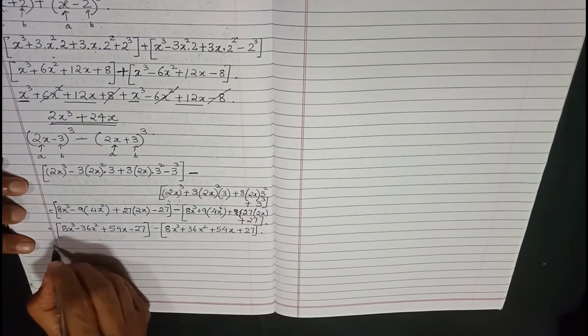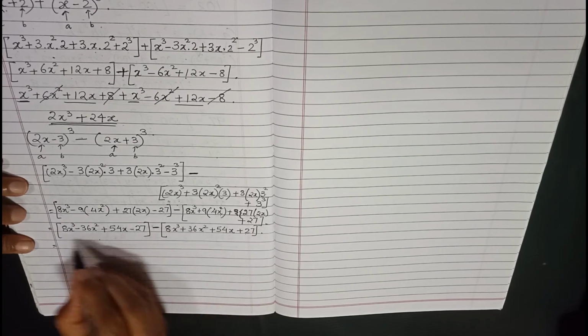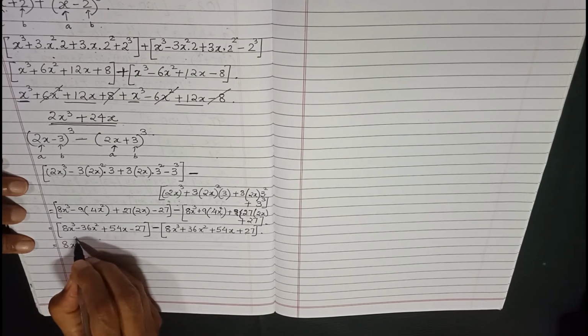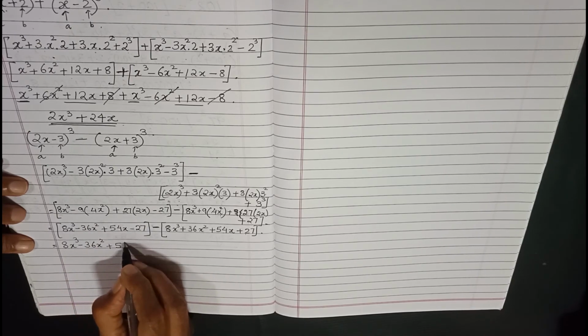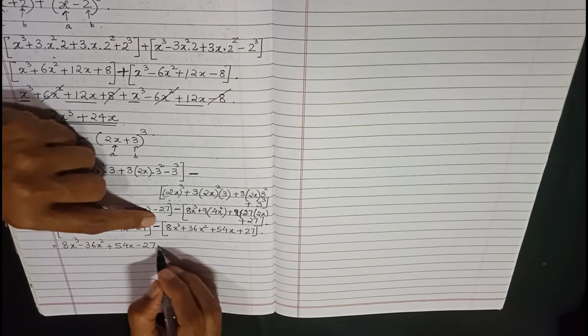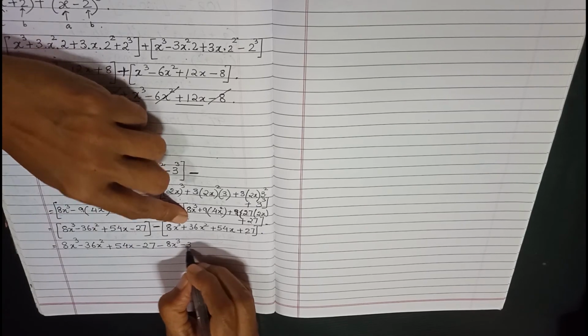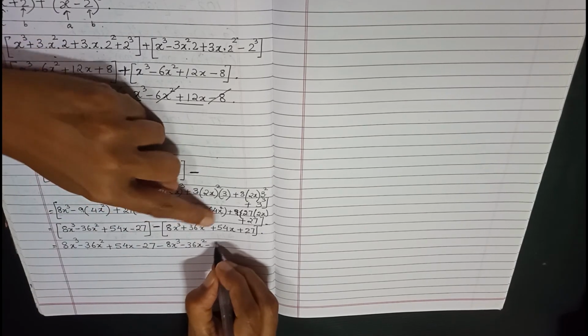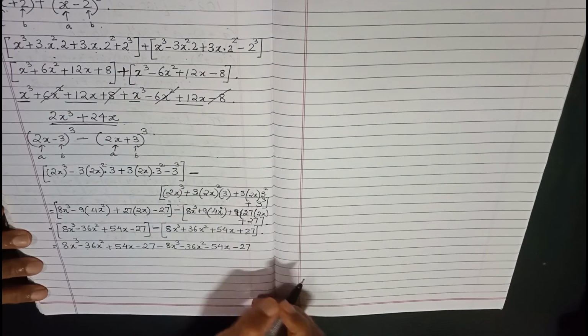Now let's open the bracket. Since there is a minus sign here, all the signs of the second bracket will change. So 8x³ − 36x² + 54x − 27, first bracket as it is, minus 8x³ + 36x² + 54x + 27.